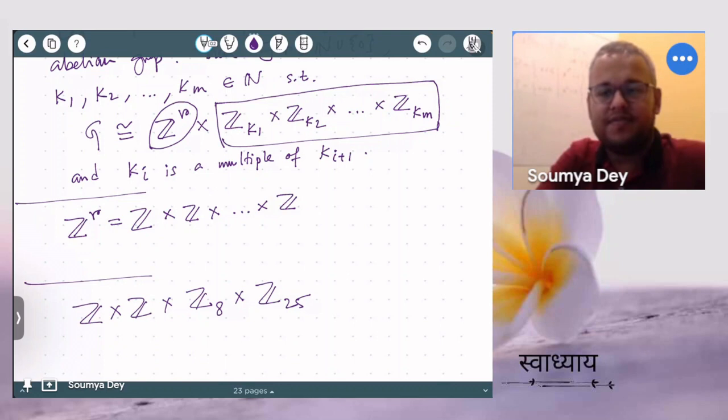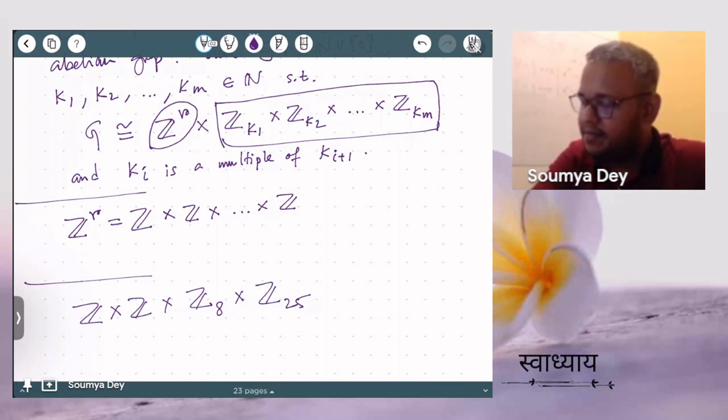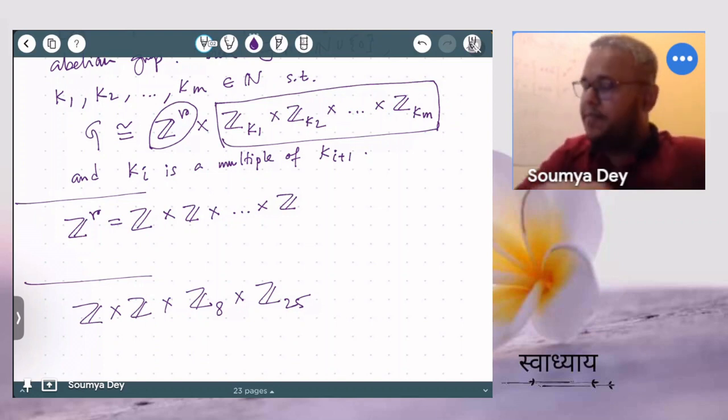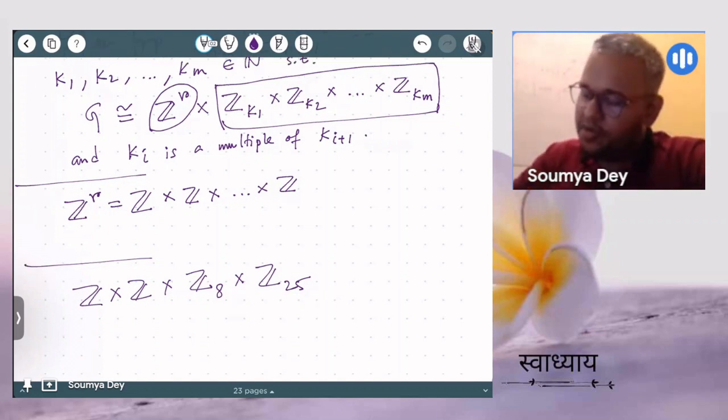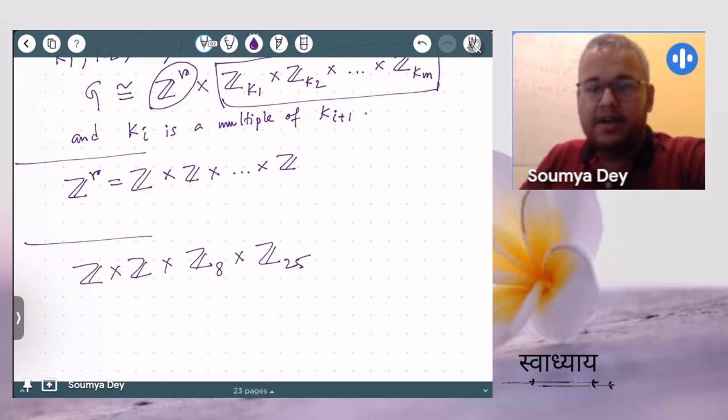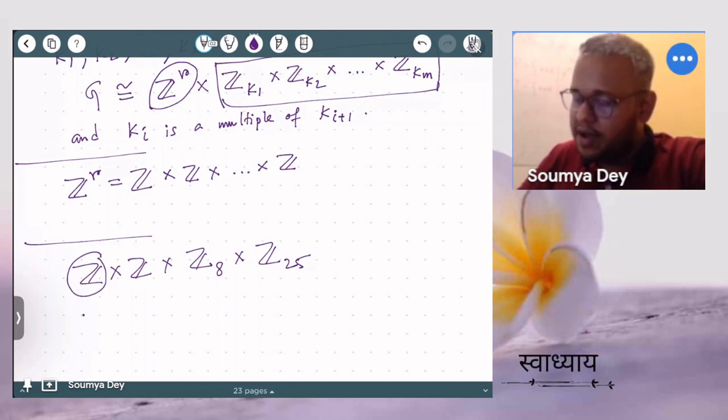Sir, can you say what is the set which generates the group as you write there, Z cross Z cross Z8 and Z25? Yes, that is easy. For each of these components, for example, if you look at this Z, for this you will get 1, 0, 0, 0.